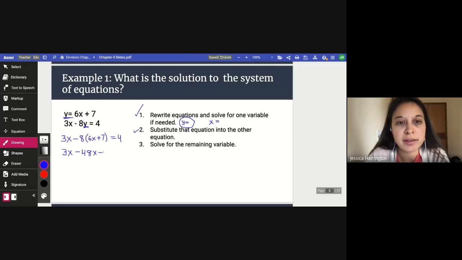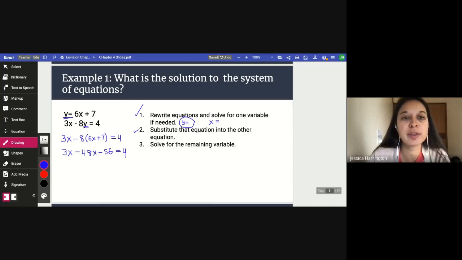Well, that's minus 42. I just did that multiplication wrong. It's not 42, is it? 56. See, even your teachers can make multiplication mistakes. 8 times 7 is 56, Miss Harrington. Minus 56. And then it equals 4.